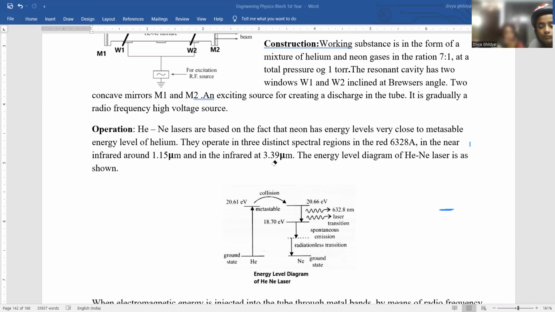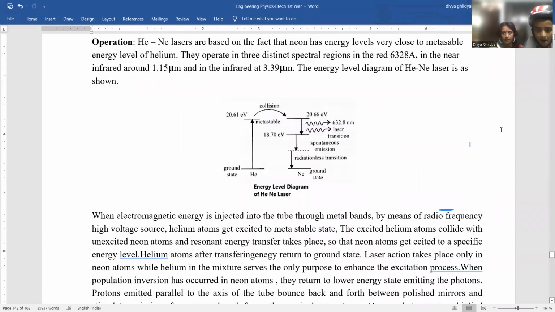Because of this facility of operating in these various ranges, helium neon is more useful compared to the ruby laser. Now let us have a look at the energy level diagram of helium neon laser.